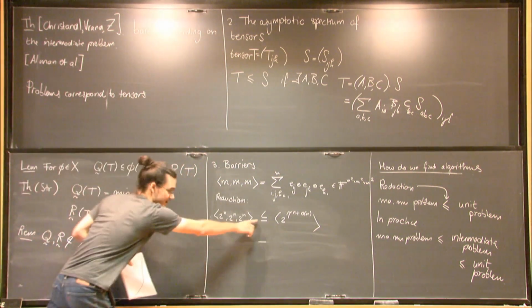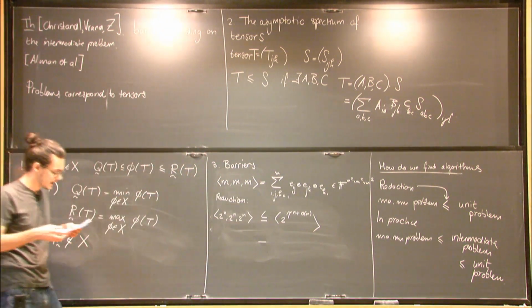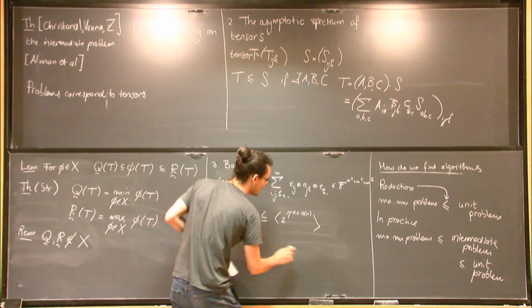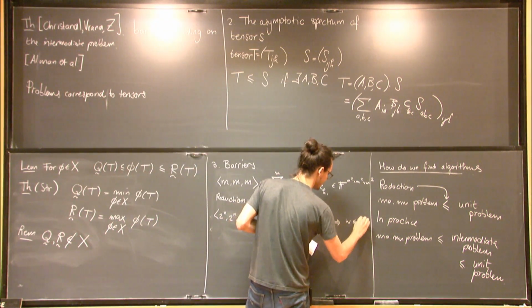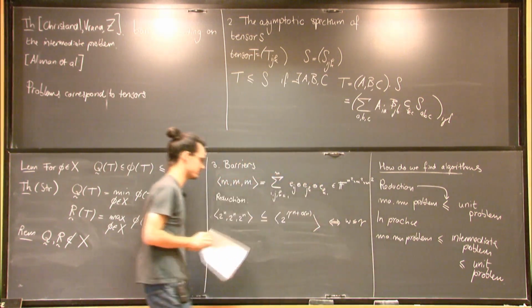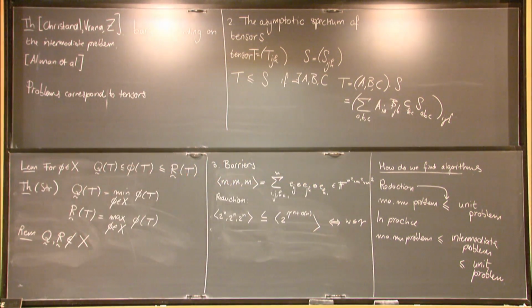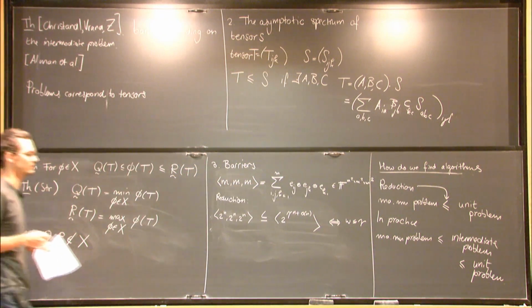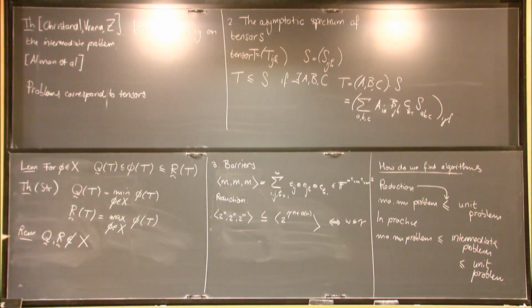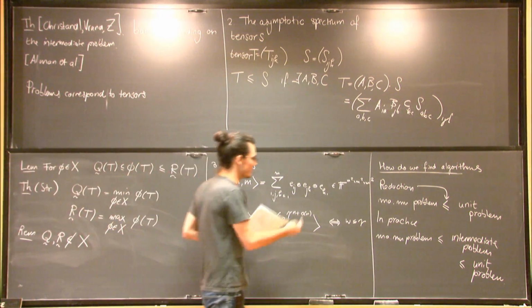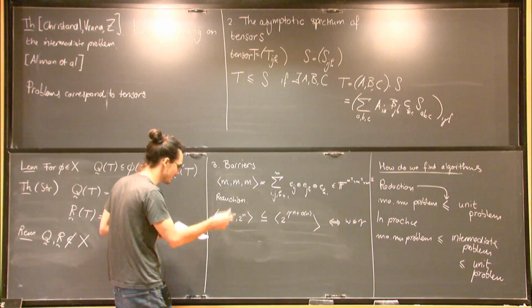Now with this inequality as we defined for tensors, if we prove such an inequality, then we get that omega is at most gamma, and this is in fact almost equal to the definition. So I claim that this is really the definition of omega.